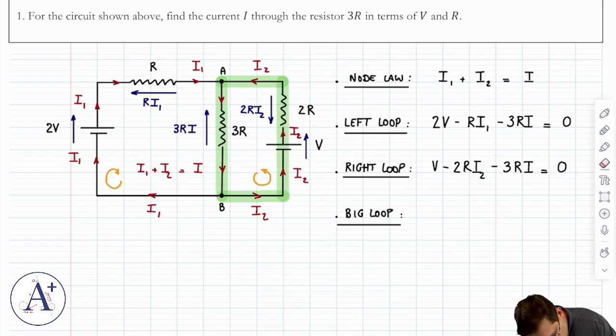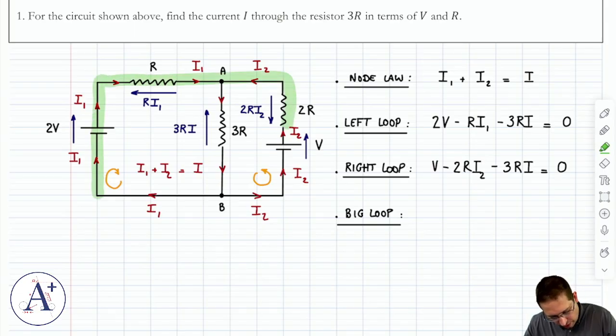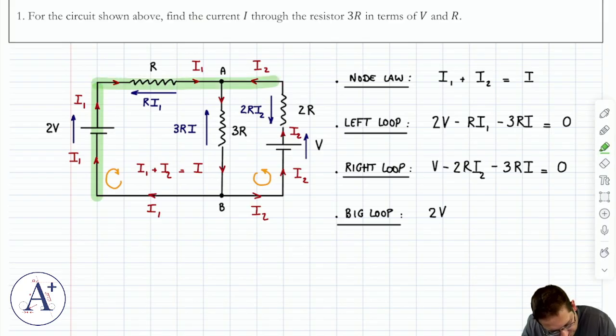This time it doesn't really matter. Let's say we go clockwise, just to change it up one more time. So I'm going to go clockwise around the big loop, that's this guy. As I travel up here, 2V points up, so 2V is positive. Then as I travel across here, Ri points the other way, so Ri1 is going to be subtracted.